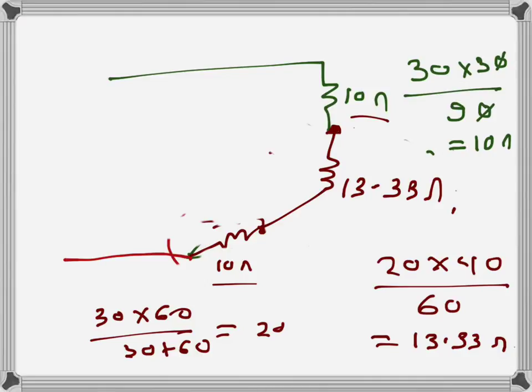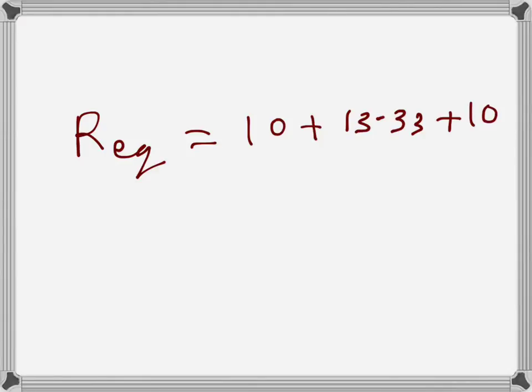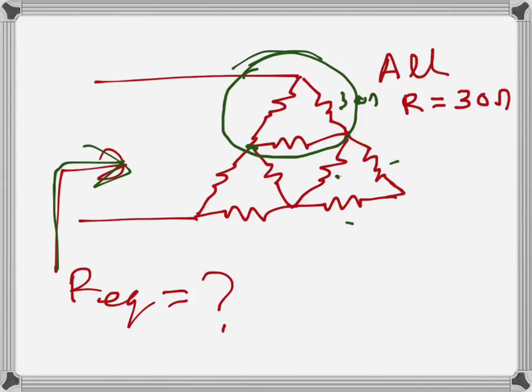The R equivalent will be, maybe I will write on the next page here, 10 plus 13.33 and then 10, so that will be 33.33 ohms. That will be the equivalent value as seen from here, basically this one.